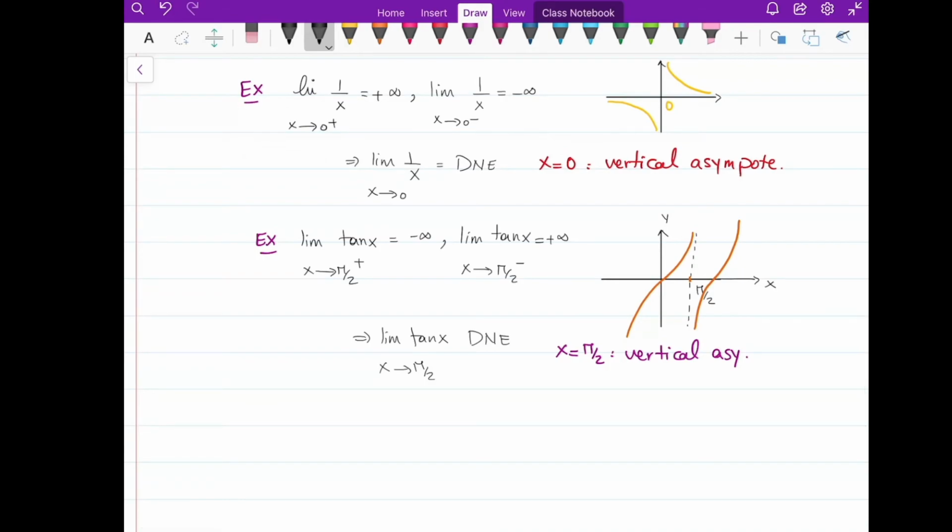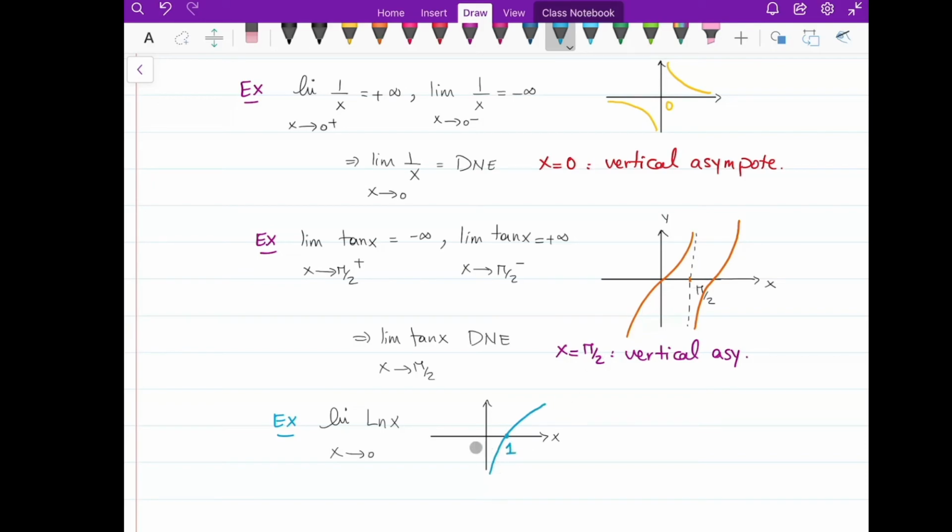Okay, let's look at another example like this graph. The limit of ln of x as x goes to 0. What is the graph of ln of x? Just think about this for a second. Let me graph it with this color. This is the graph of ln of x.